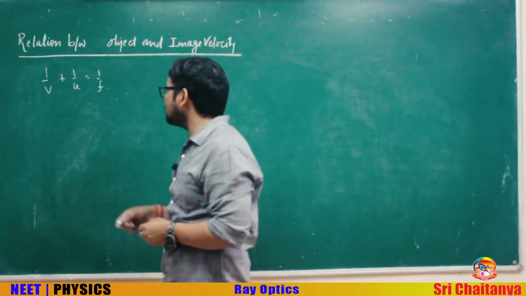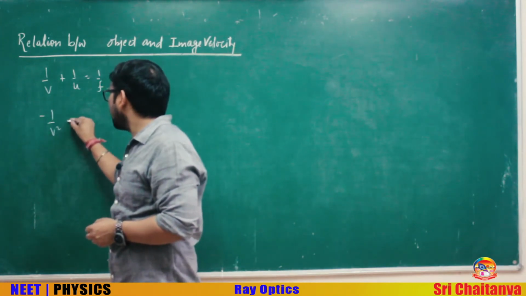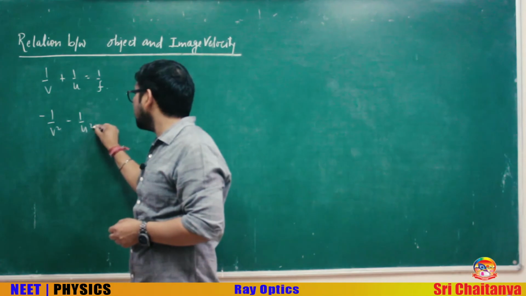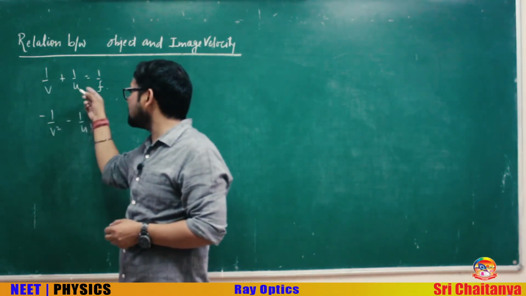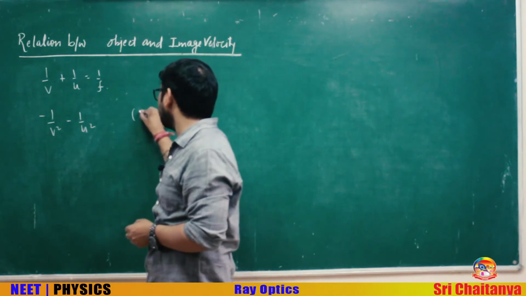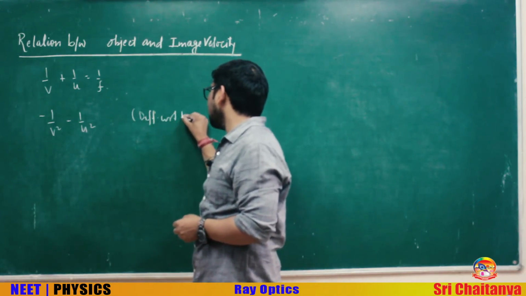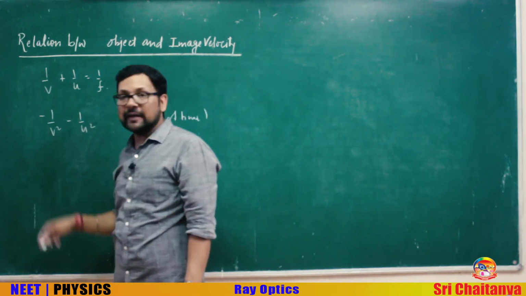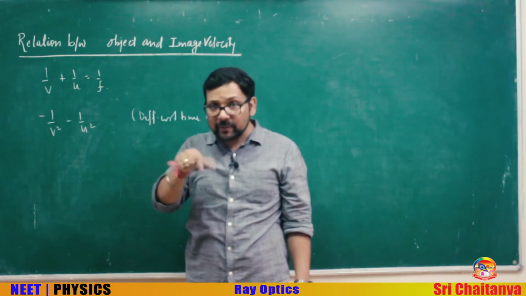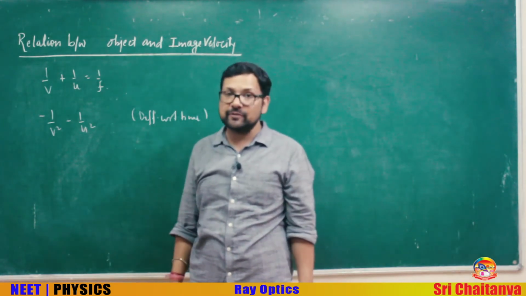So to calculate velocity, see, minus 1 by v square, minus 1 by u square, this is the differentiation of 1 by v. When I write with respect to time, suppose I am differentiating with respect to time, then minus 1 by v squared, and then v's differentiation is dv by dt, rate of change of image displacement, that is image velocity.